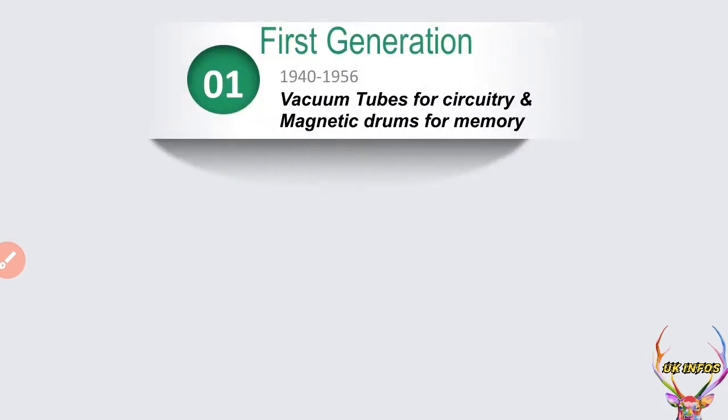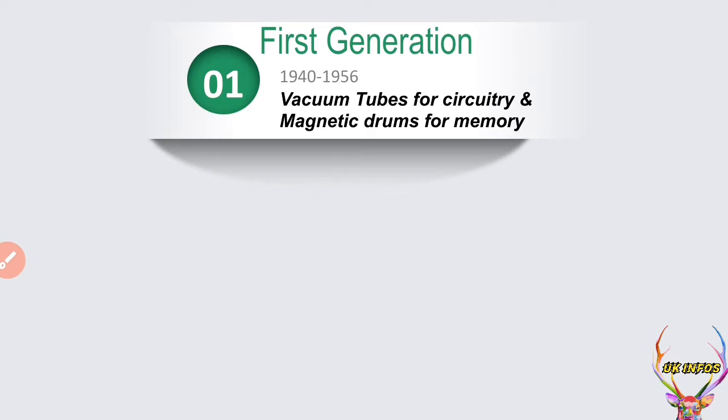So first we can learn about the first generation. The first generation started from 1940 to 1956. The year is very important. They introduced vacuum tubes for circuitry and magnetic drums for memory, because vacuum tubes were the only thing available in those days.